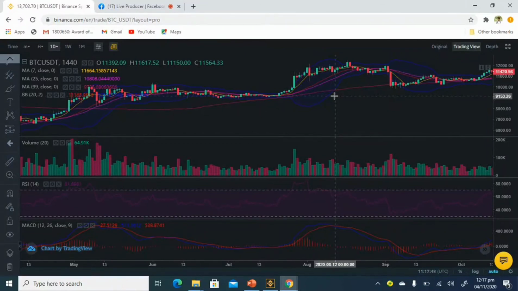Now the idea of the Bollinger Band is to show you, one, how volatile an asset has been. You can see, for example, this point here, there's a very large gap between the upper band and the lower band. The larger the gap, the higher the volatility at this point. So there was high volatility at this point.